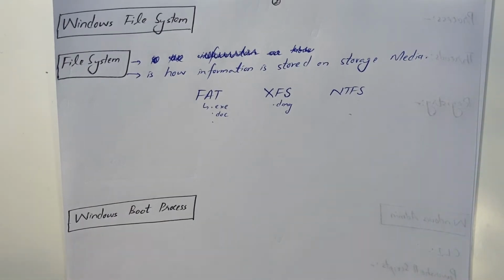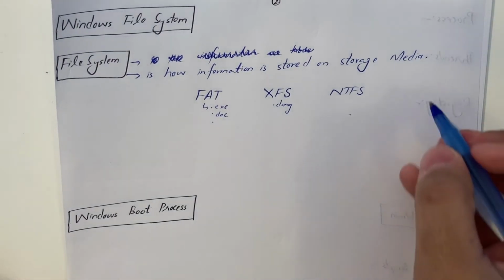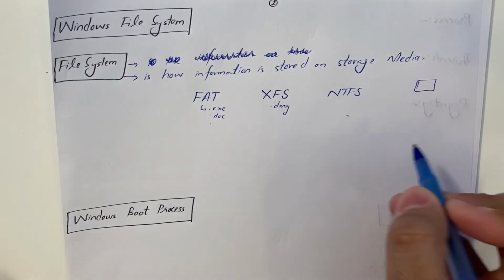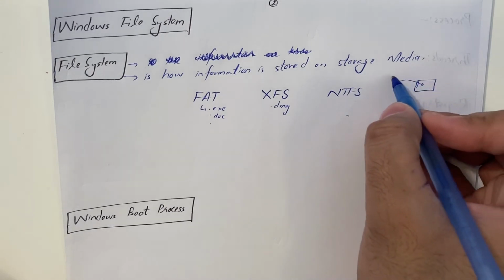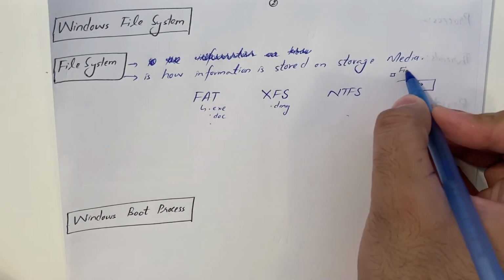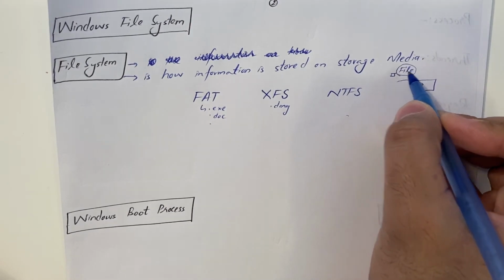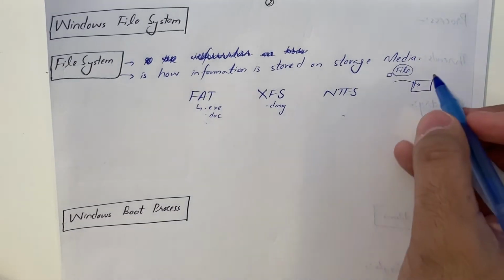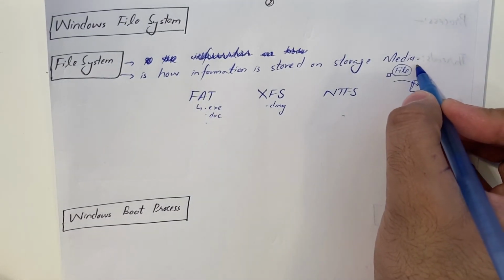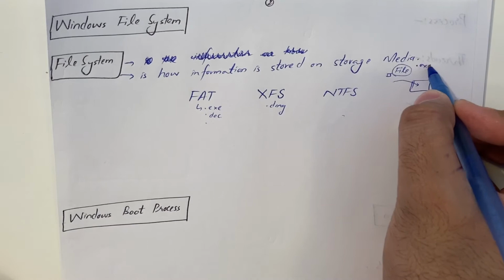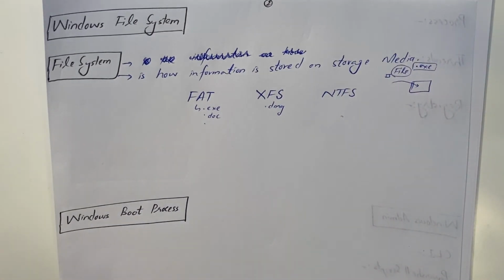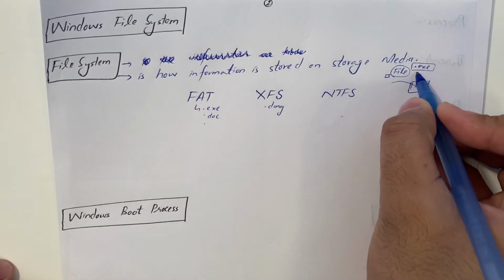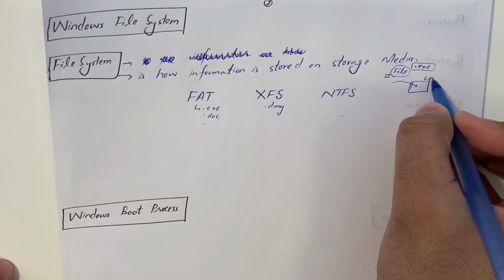Now please understand this. Let's say this is your hard drive, and if you want to store anything on your hard drive, that thing should be a file. For example, you're trying to install something, an .exe file. This is an executable file. So you want to run this executable file on Linux.